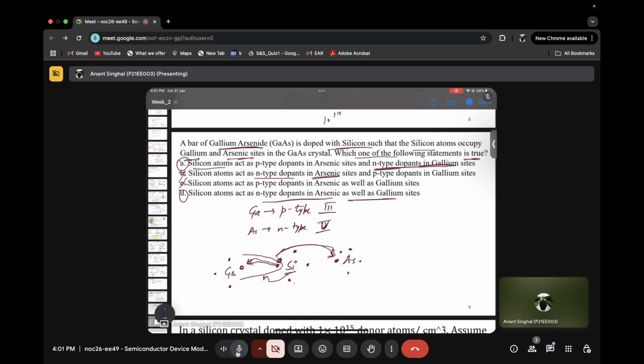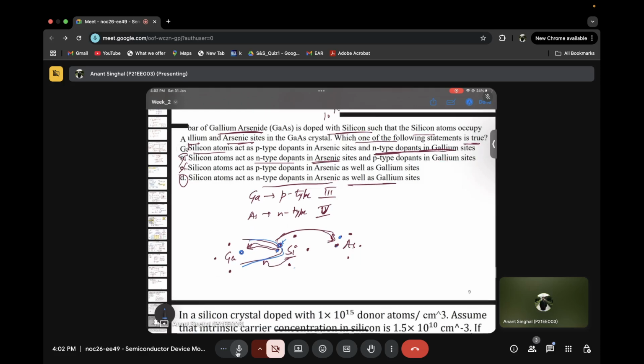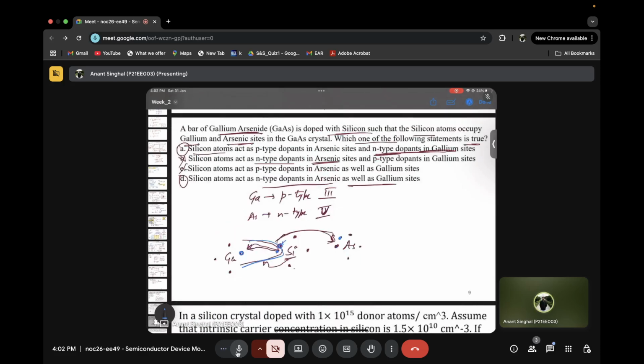Okay, sure. You cannot see the cursor, right?